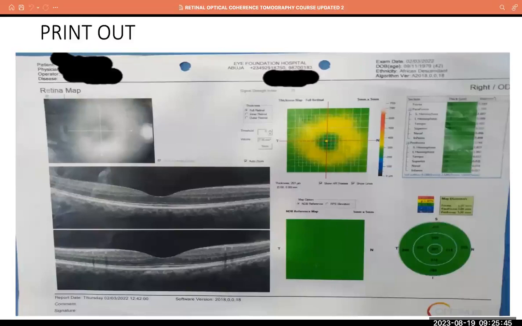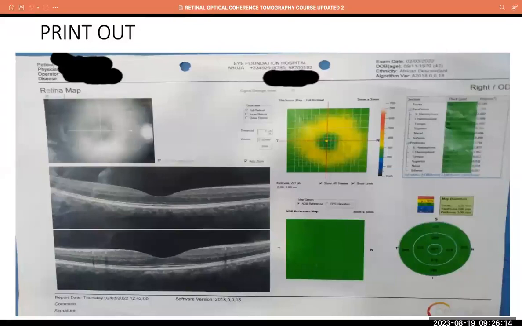So if a Caucasian walks into your clinic and you have an OCT done, you have to change it to Caucasian. For Africans, they generally use the data from the African American population, which really do not represent us fully. And that calls into thought us having our own data for these machines, okay?